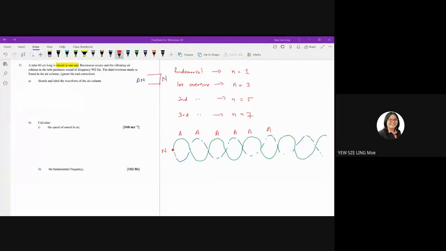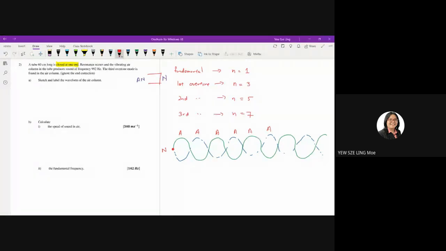Actually, it's very simple. You look at the statement above. Right here, I have 4 types of resonant frequency, which means the antinode happens 4 times. It repeats 4 times.